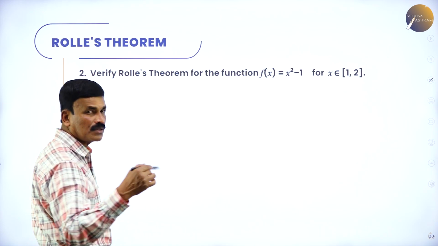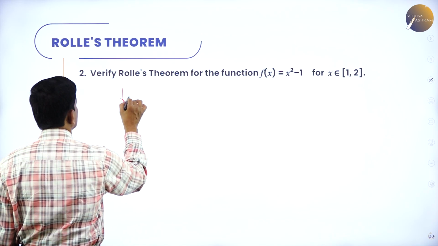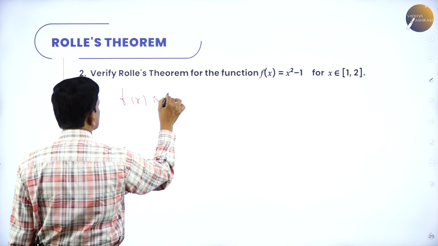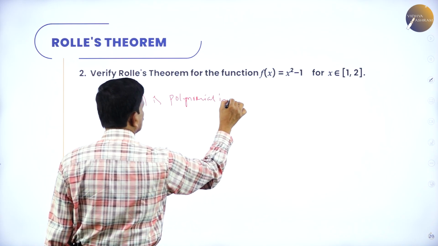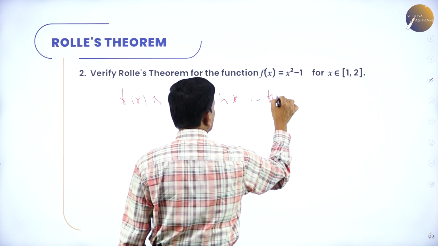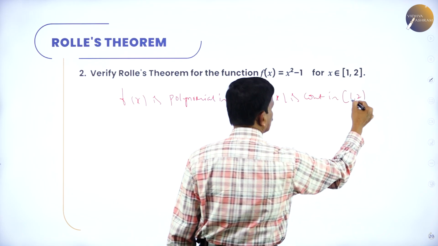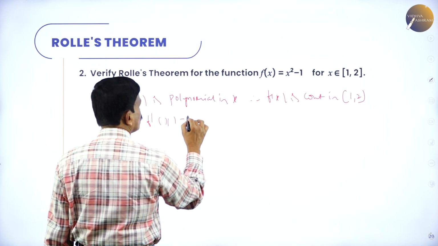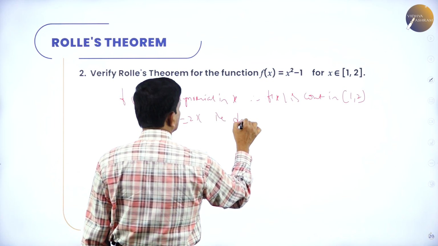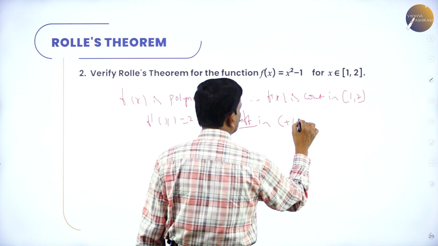Verify Rolle's theorem for the function f of x is equal to x square minus 1. Same, since f of x is a polynomial in x, therefore f of x is continuous in the closed interval 1 comma 2. And differentiating, f dash of x is equal to 2x, that is differentiable in the open interval 1 comma 2.